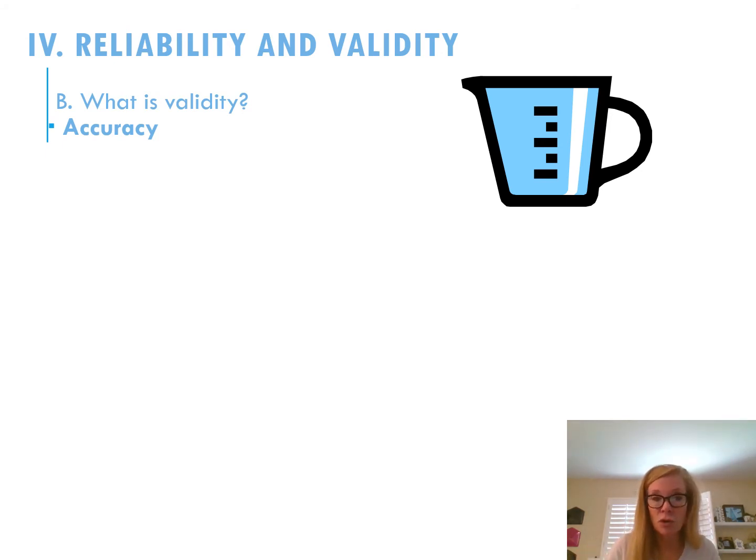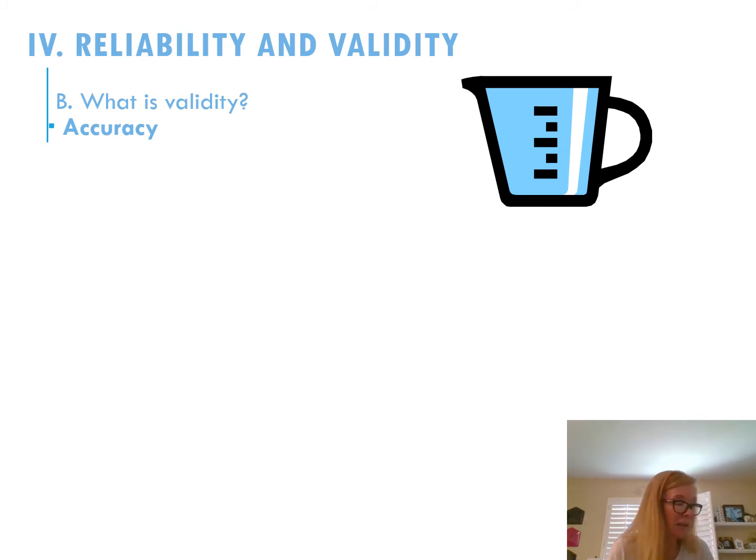Does the measure of this variable measure the thing that you are designing it to measure? In other words, is it capturing the construct and not some other psychological trait or characteristic?